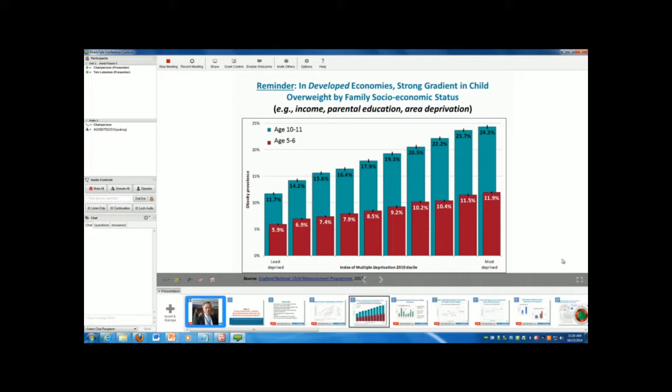On the left, you have the least deprived families, low levels of obesity. On the right, the most deprived families, higher levels of obesity. And the point to note here, of course, is that this is a gradient across the whole dimension. It isn't just a pocket of problems at the most deprived levels. It's a very uniform gradient, extraordinarily so.